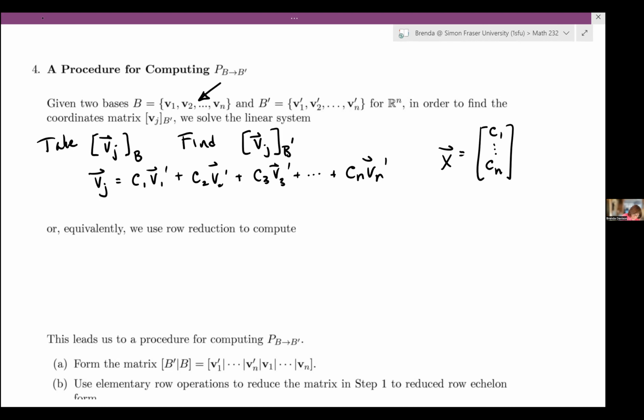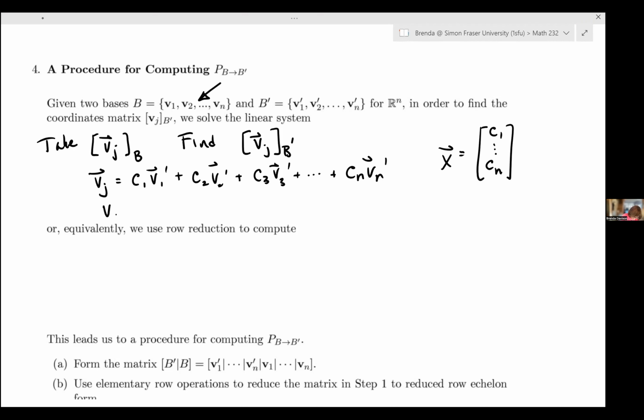And so we can then identify Vj as the matrix V1 prime, V2 prime, where the vertical bars indicate the columns, and then we multiply it by this column vector x.